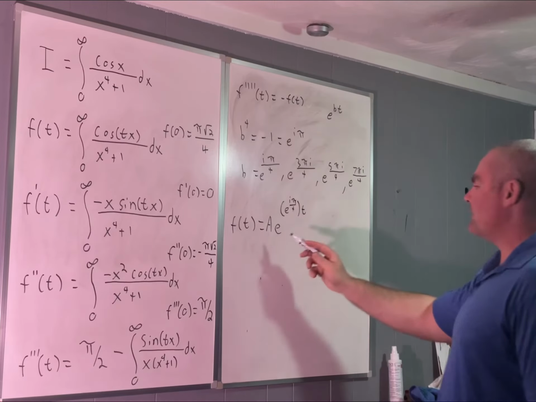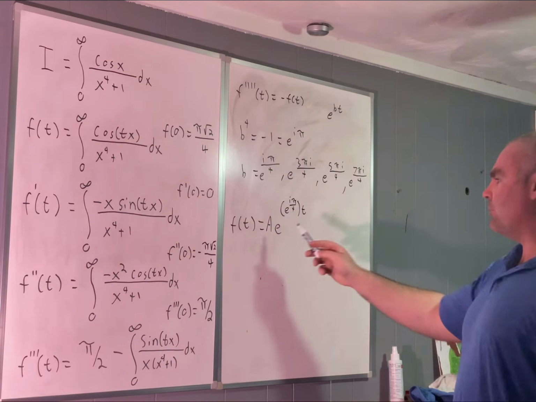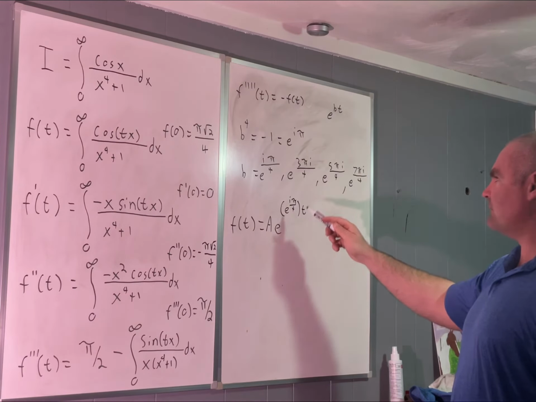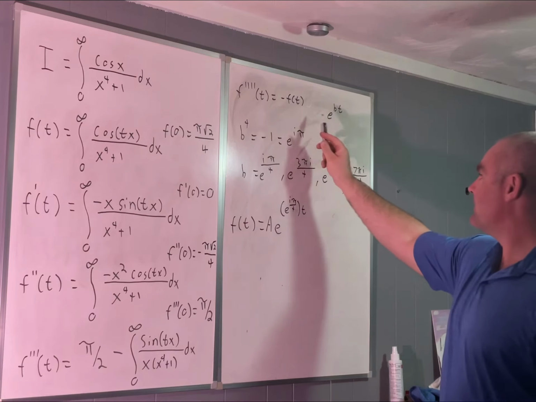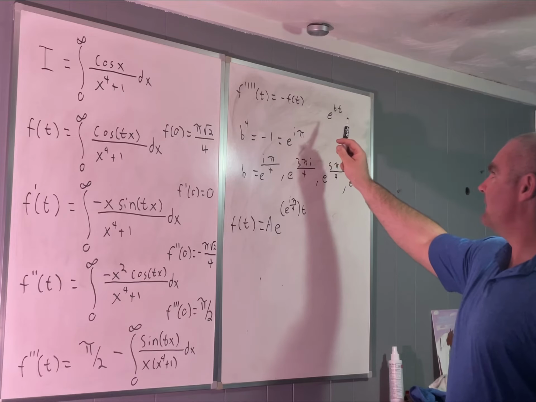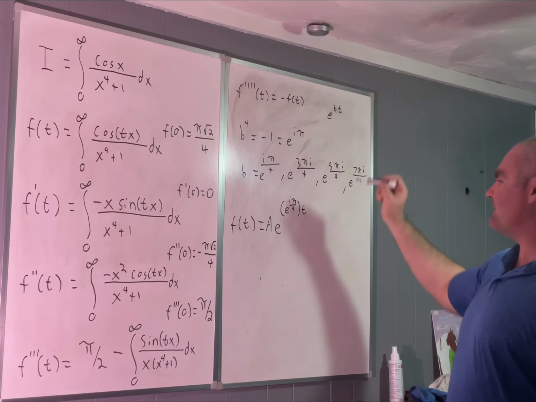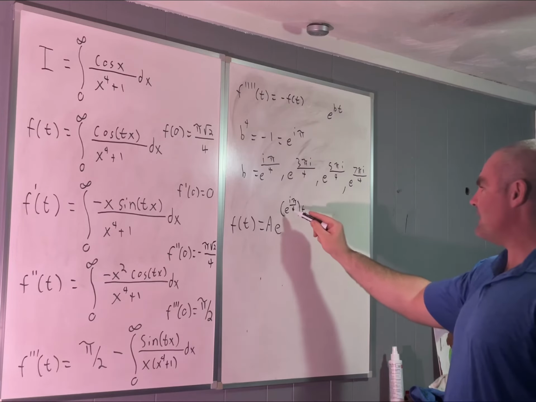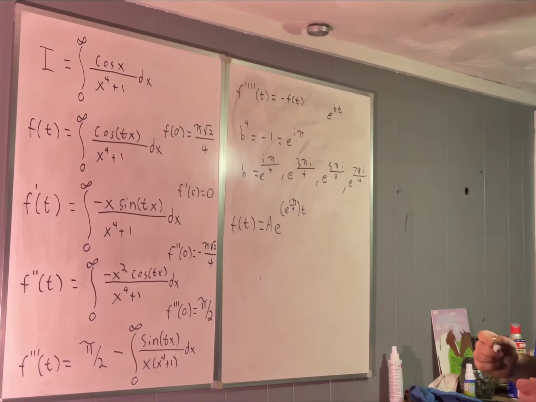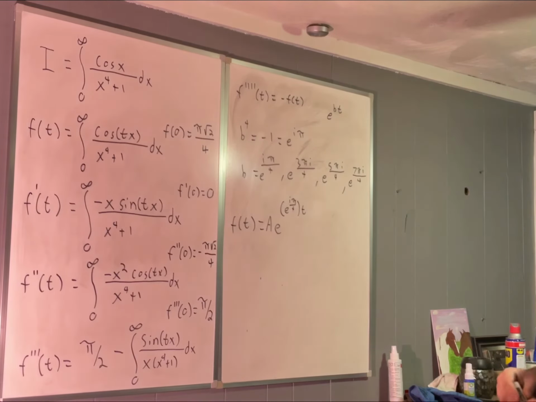See, this constant a comes from the fact that taking derivatives of this, basically if this is true, that the fourth derivative with respect to t of e to the i pi over 4 times t is equal to negative f of t, then we can add any constant in front of that we want.